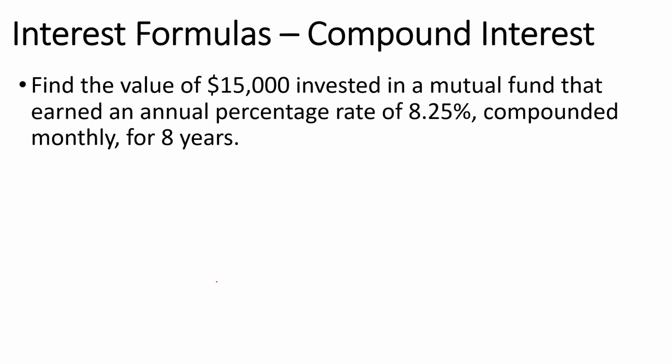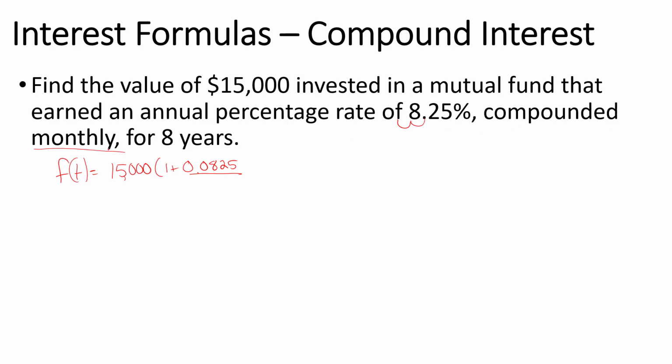Find the value of $15,000 invested in a mutual fund that earned an annual percentage rate of 8.25% compounded monthly for 8 years. So I'm going to start with a function. F of t is equal to 15,000, our starting rate, times 1 plus, move our decimal over 2 places, 0.0825 divided by our compounded monthly.